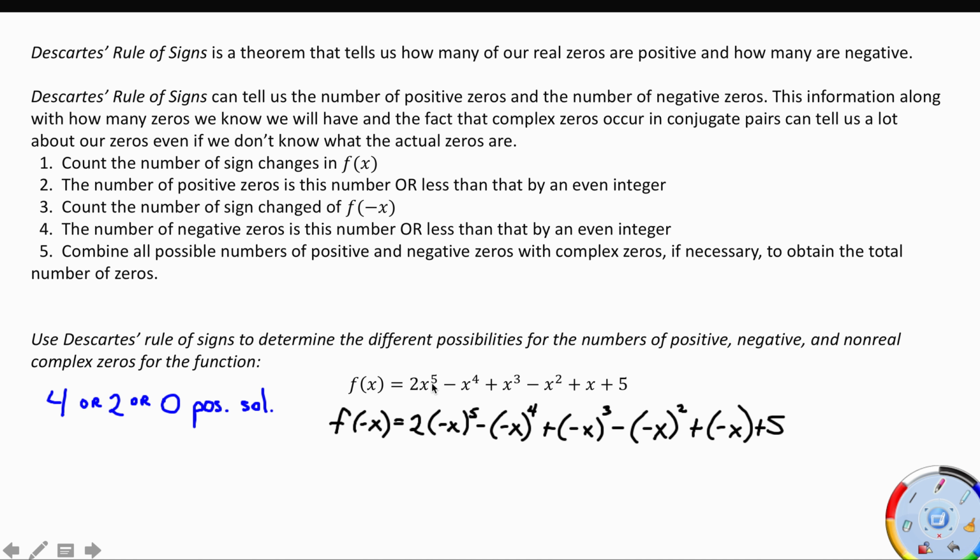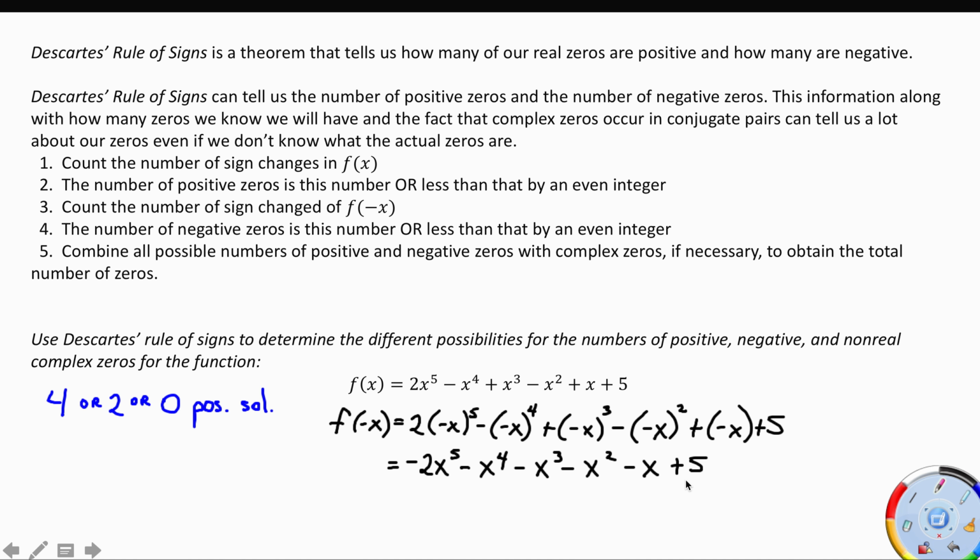In other words, plug a negative x in everywhere. Simplifying that, 5 negatives would be negative 2x to the 5th. 4 negatives, this would be positive, but then there's a negative, so negative x to the 4th. 3 negatives is a negative. 2 negatives is positive, but there's another one, so negative x squared plus negative x plus 5.